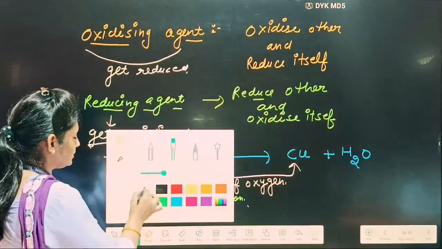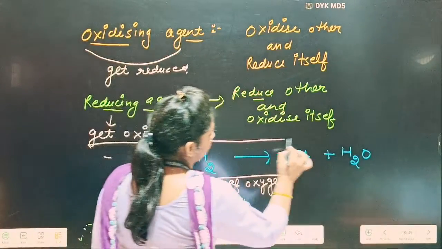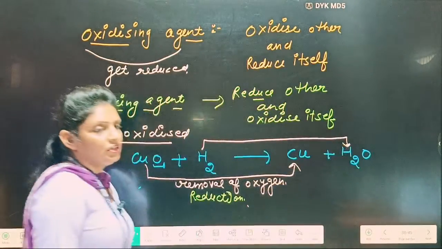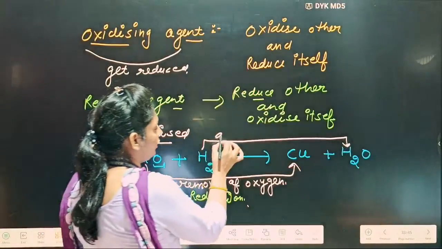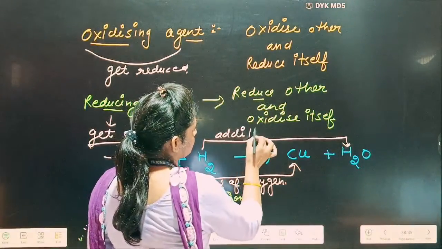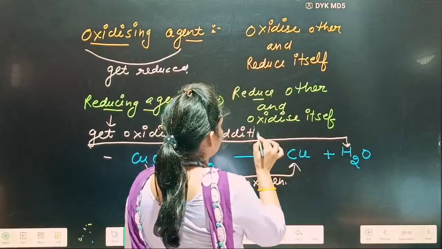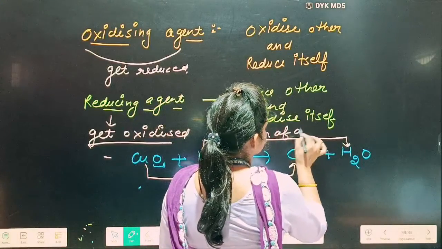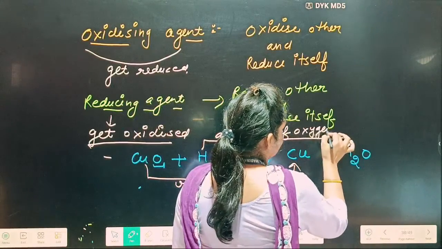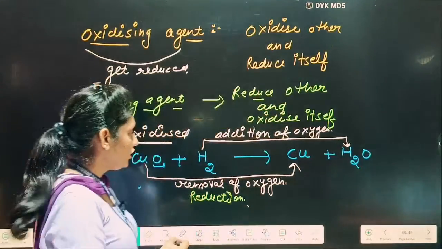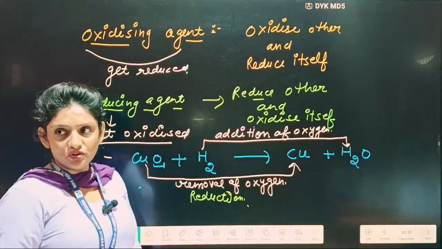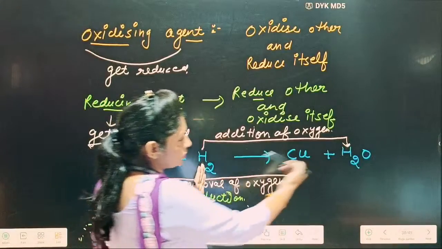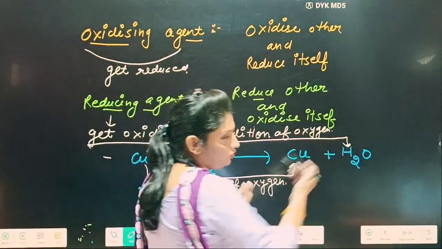But students, this hydrogen is converting into water. Here addition of oxygen takes place. Initially you can see hydrogen only here, but here you add oxygen to this one and it converts into water.